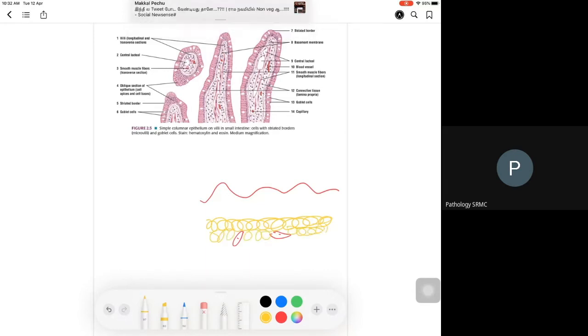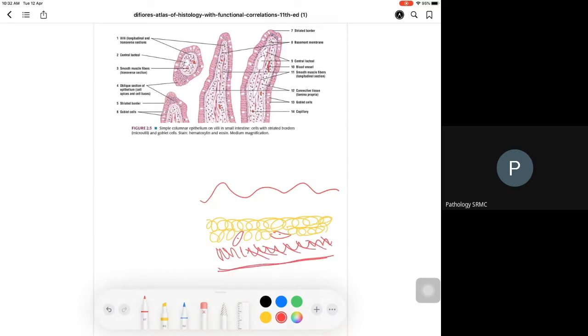Then comes the muscularis propria, and muscularis propria has 2 layers, inner circular layer and outer longitudinal layer. And then after that comes the serosa. Serosa will again have some adipose tissue.